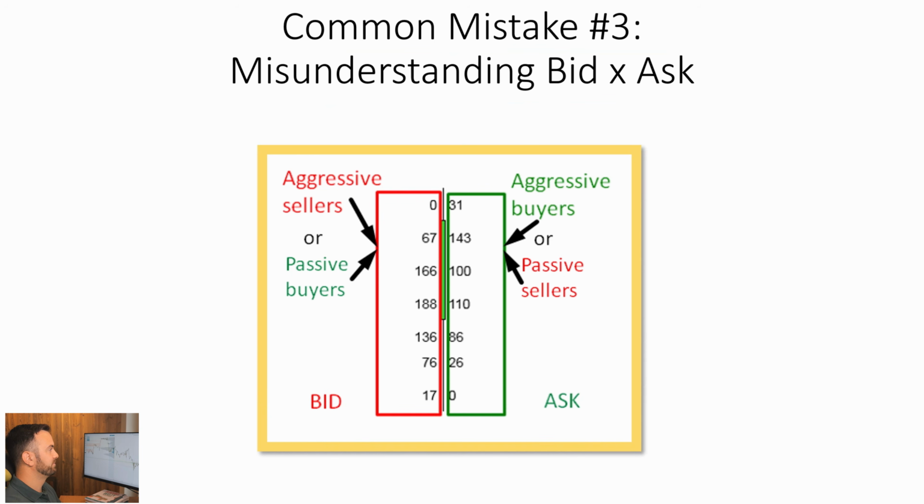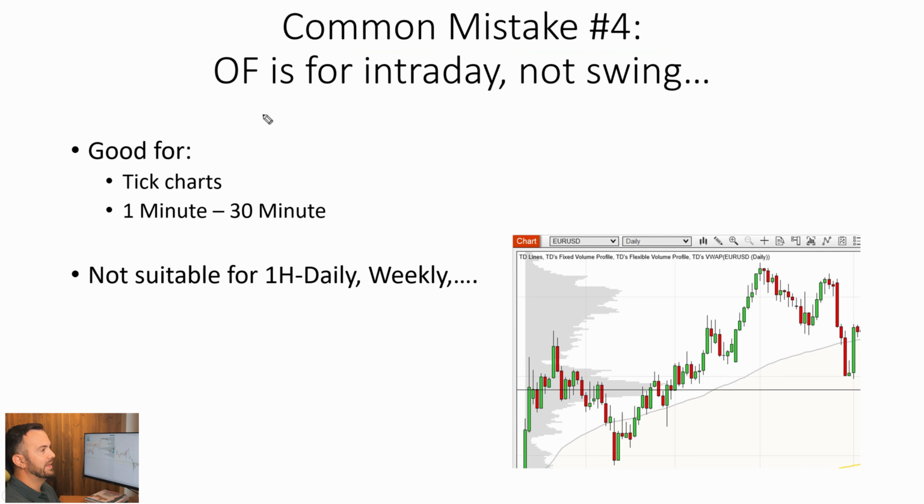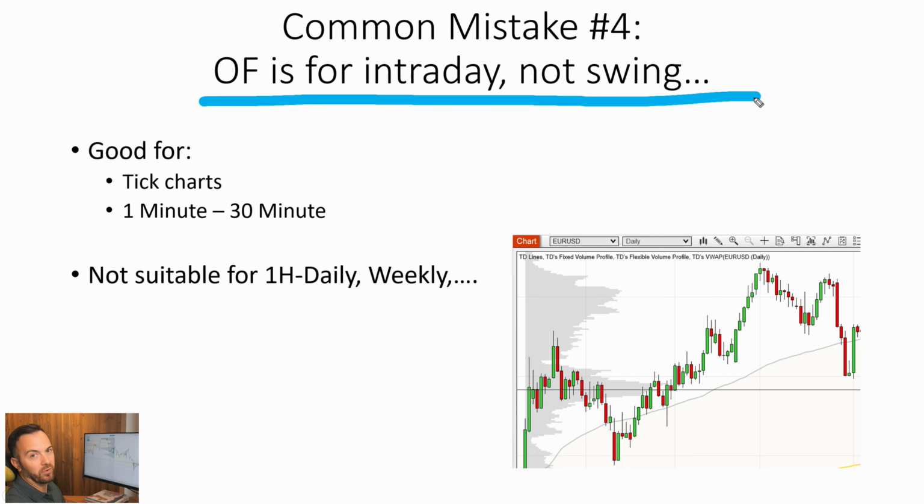Keep that in mind. Now, another mistake is when people think that order flow is not just for intraday, but also for swing trading. It's not. People keep asking me if they can use order flow for swing trading. No, this tool is good for intraday trading or for scalping, but for swing trading, there are other tools like volume profile.